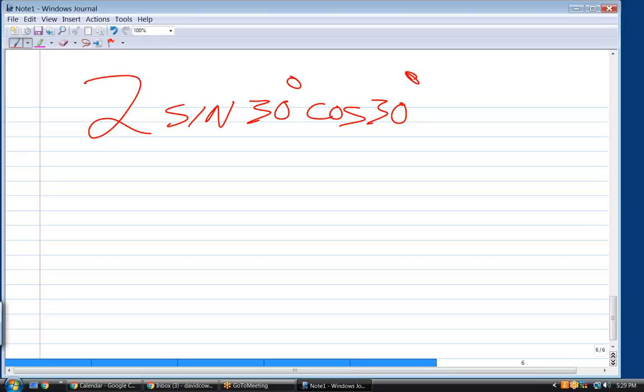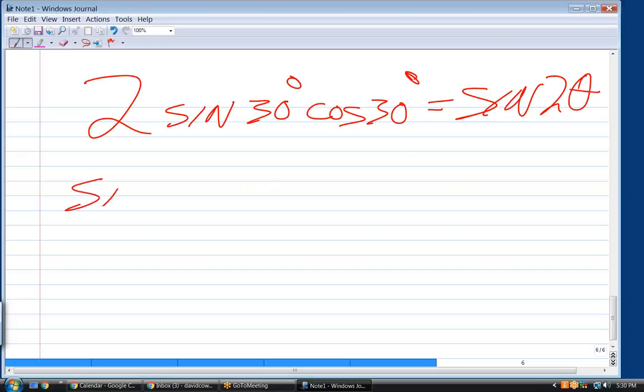In other words, recognizing the identity first. What's that equal to? Sine of what? Notice that's the sine of 2 theta, where theta is 30 degrees.